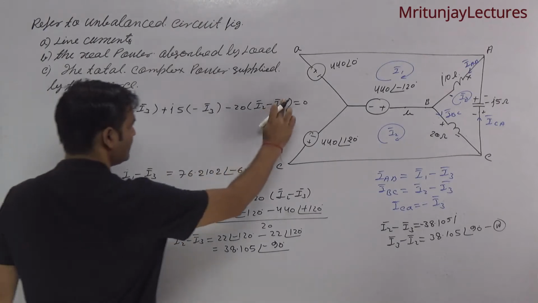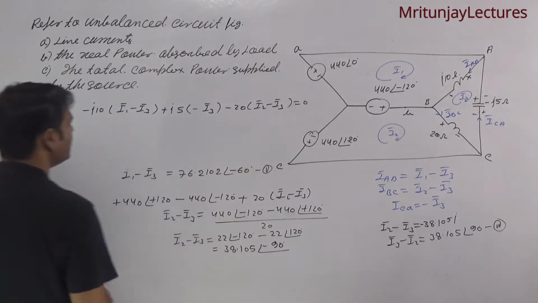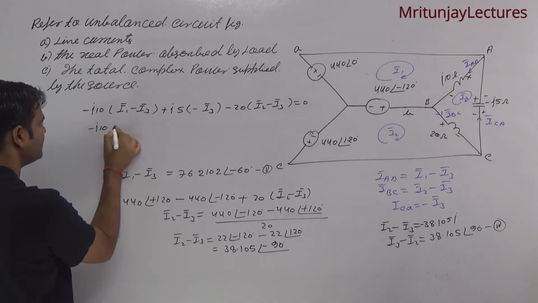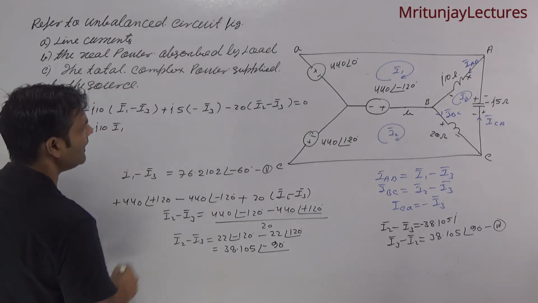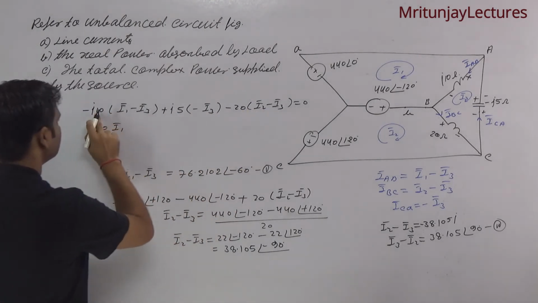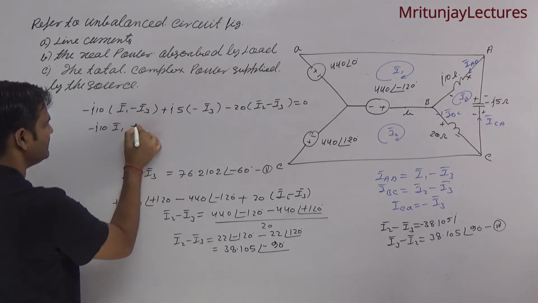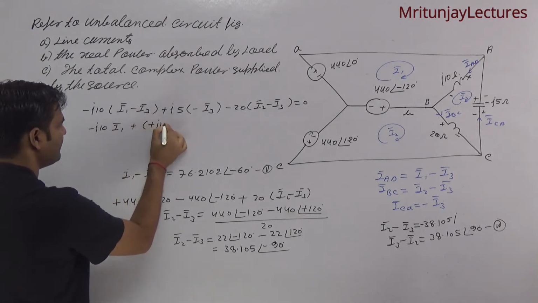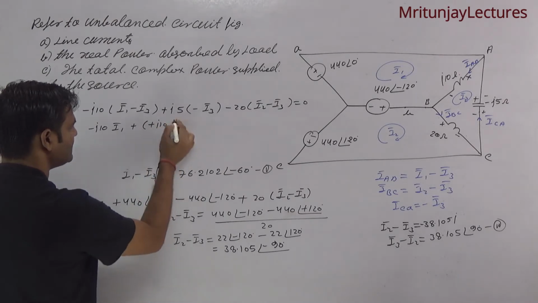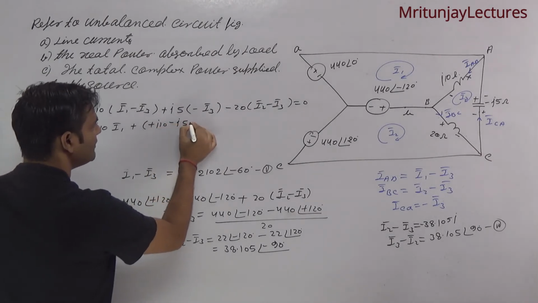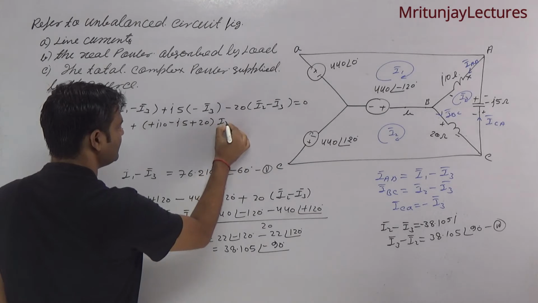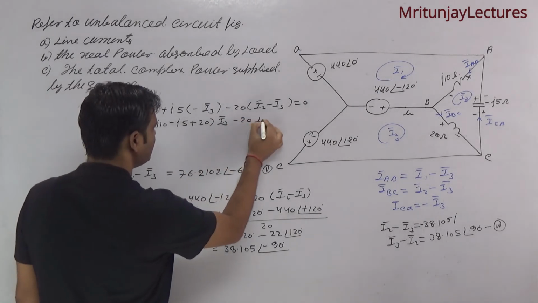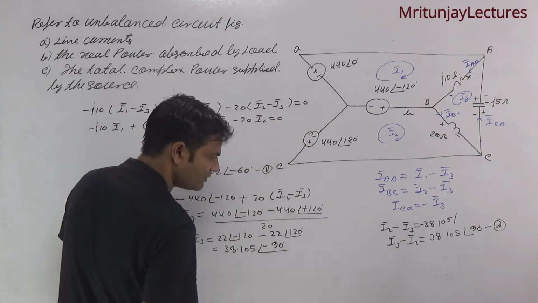Now J10 I1, plus J10 I3, plus minus J5, plus 20 into I3. After that, what about I2? Minus 20 I2, this will equal 0.